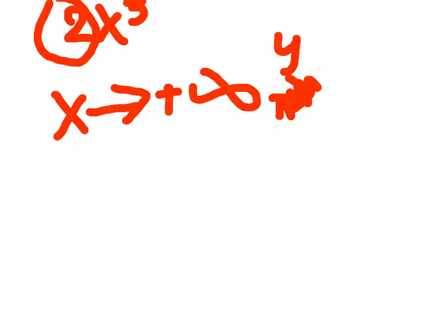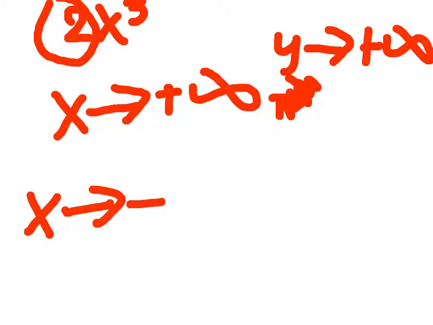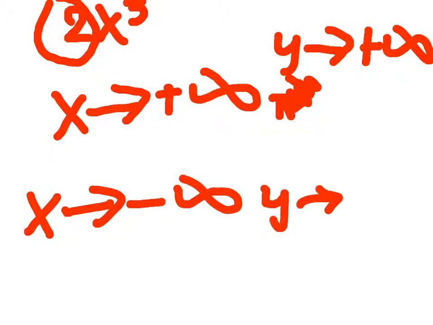So as x goes towards positive infinity, f of x also goes towards positive infinity. As x goes towards negative infinity, if you insert a negative number into x to the 3, you get a negative number, and times 2 is still negative. So as x goes towards negative infinity, y goes towards negative infinity as well.